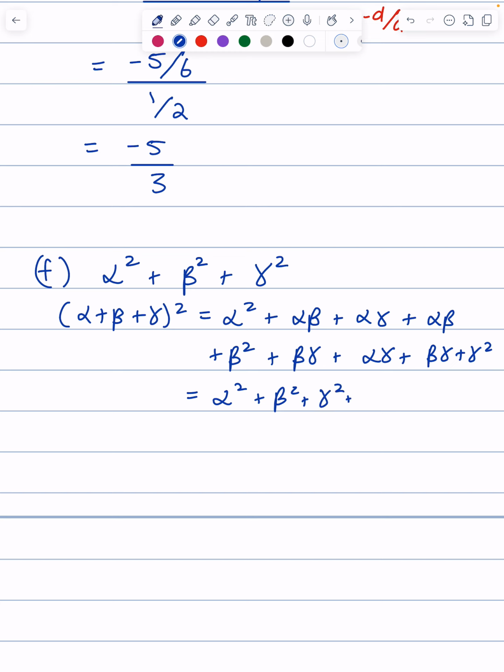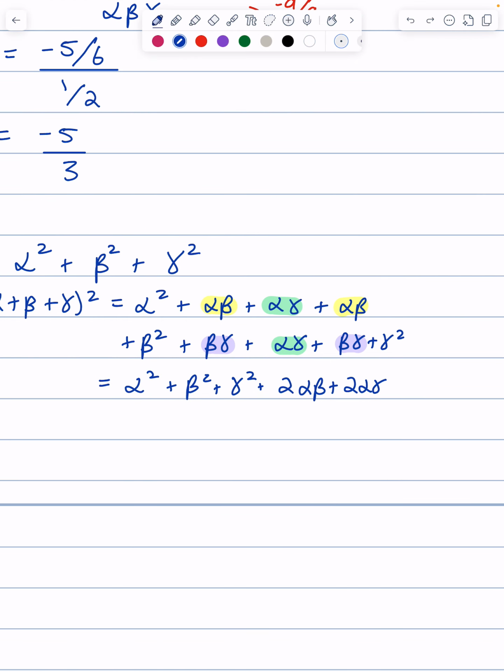What I have left is 2 lots of alpha beta, 2 lots of alpha gamma, and 2 lots of beta gamma. So I can write that as 2 alpha beta plus 2 alpha gamma plus 2 beta gamma. Now I'm going to factor out the 2, and notice that I end up with the pairs of roots, which is something we've calculated before.